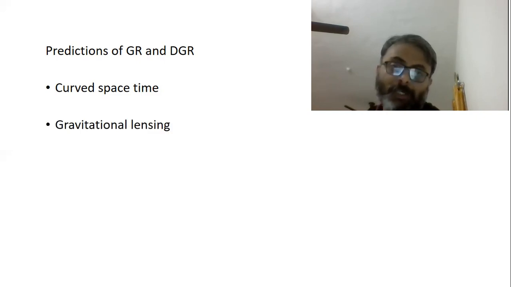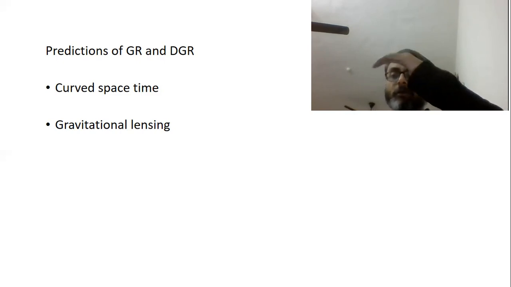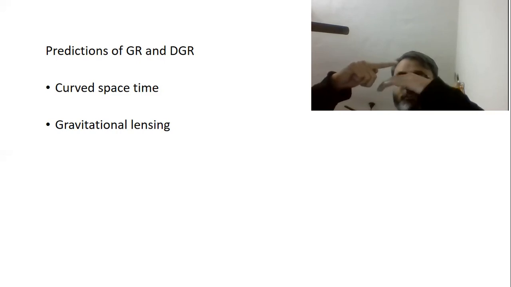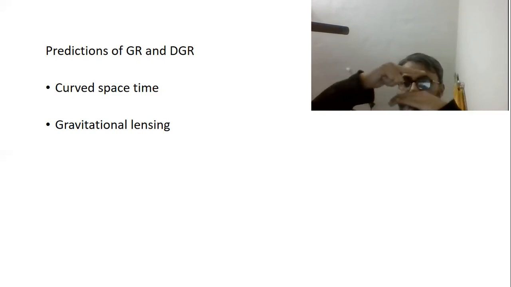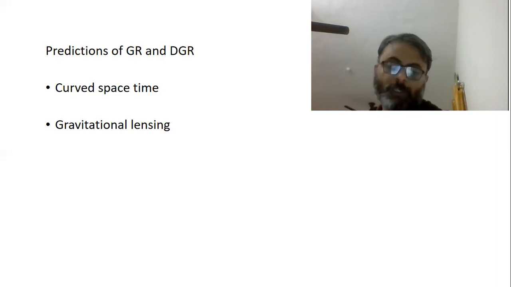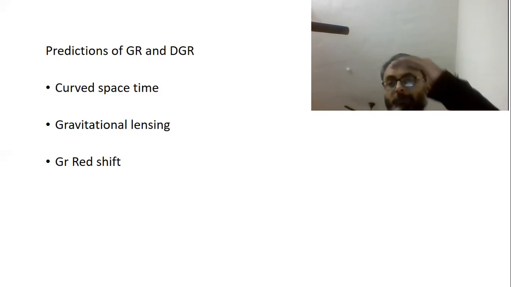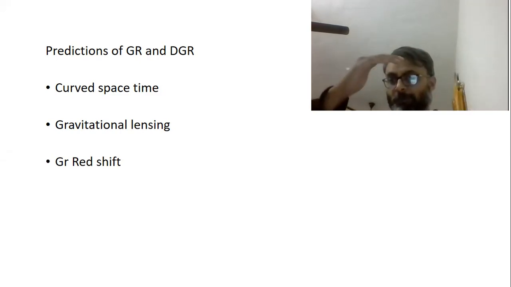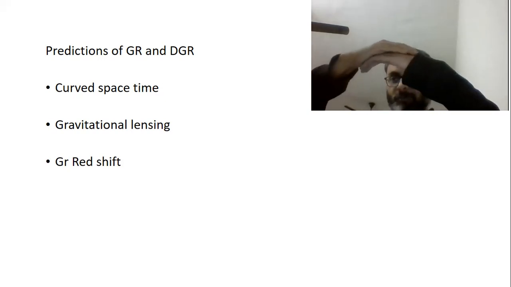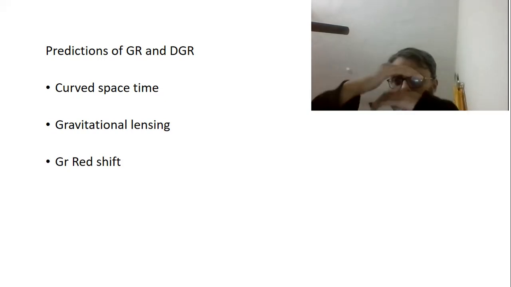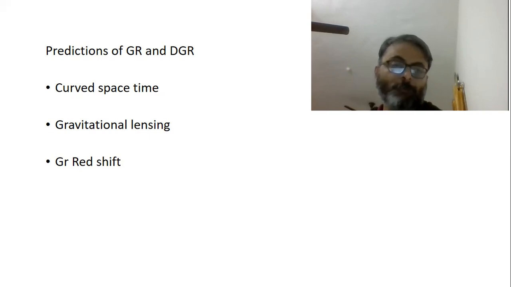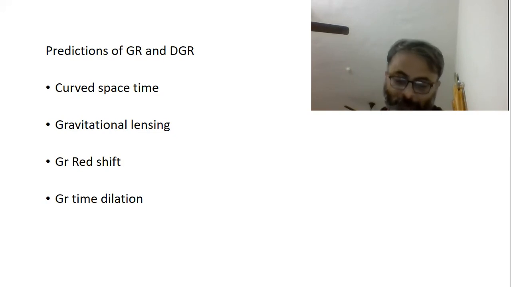It can very nicely explain gravitational lensing because if the photon is coming in, the EPCAs shift downwards and the photon will be pulled downwards. It can nicely explain gravitational redshift because the space is itself moving. The EPCAs are being pulled downwards and inwards. So that causes the gravitational redshift. And gravitational time dilation is also very nicely explained in DGR.